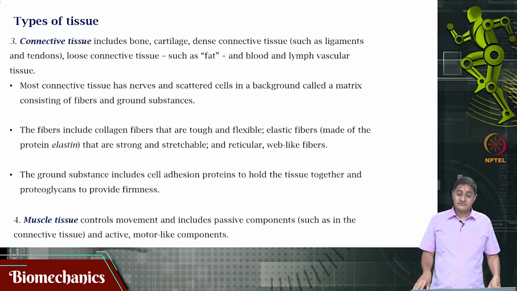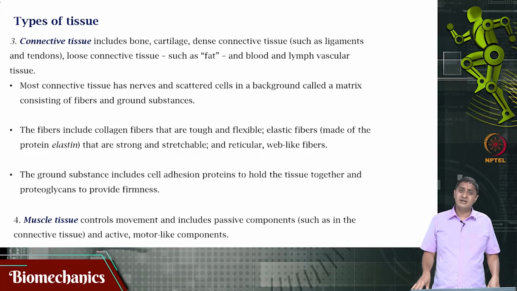They include collagen fibers that are relatively tough and flexible, and elastic fibers. These elastic fibers are made of a special protein called elastin that is strong and stretchable, it can be stretched, right? And web-like fibers.